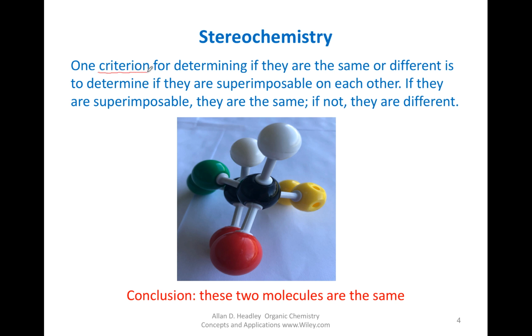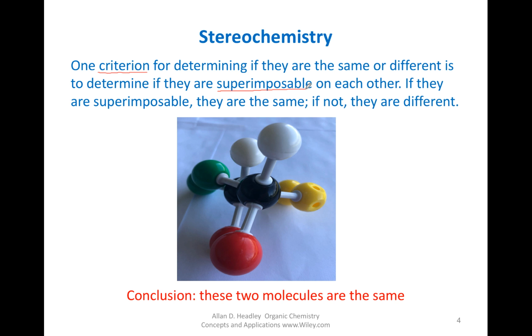The criterion that we look at here is superimposability. So if these 2 molecules are superimposable on itself, and when I say superimposable, I mean all the atoms overlap. All the atoms overlap.